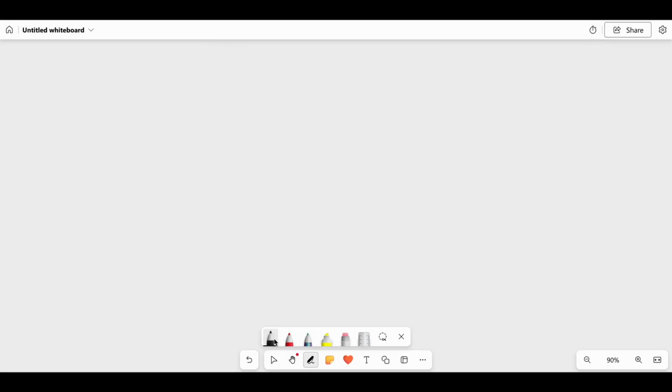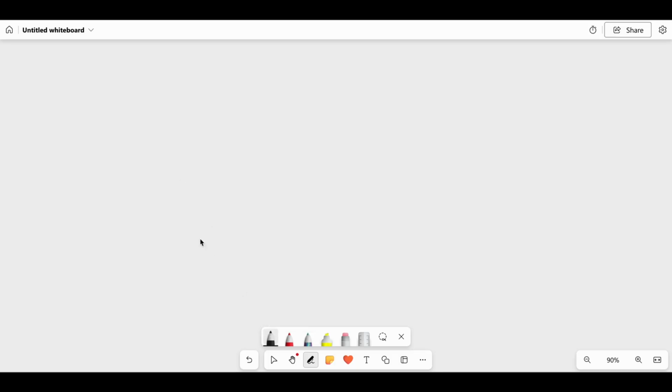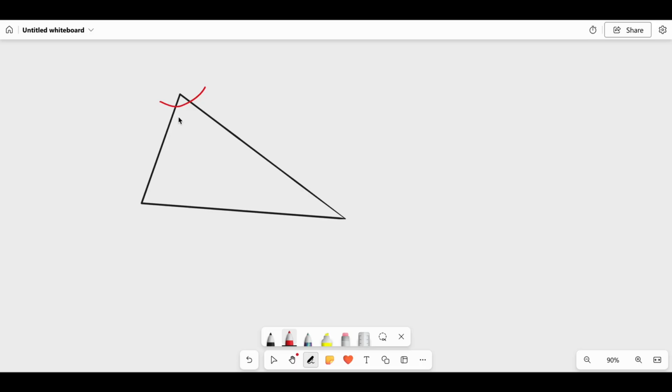Okay, so let's do another exercise. Let's draw a triangle. And let's say we have this angle here is 40. We have this side is 20. We have this side is 15, and we need to find this angle. Okay, so let's see.